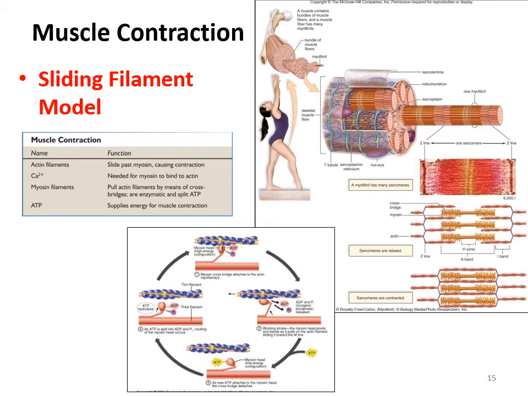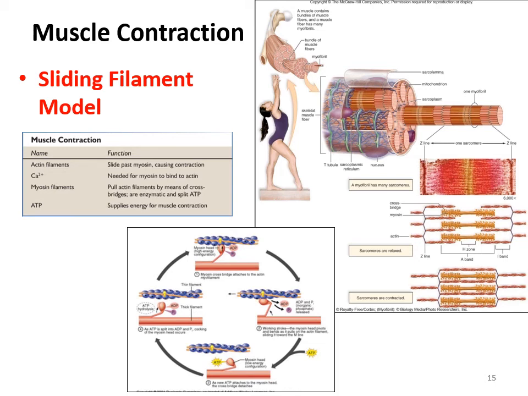and it triggers actin to be exposed. Once actin is exposed, then the myosin, again the oar of the boat, becomes energized by ATP and it cross bridges with actin, meaning the myosin touches and binds to the actin.